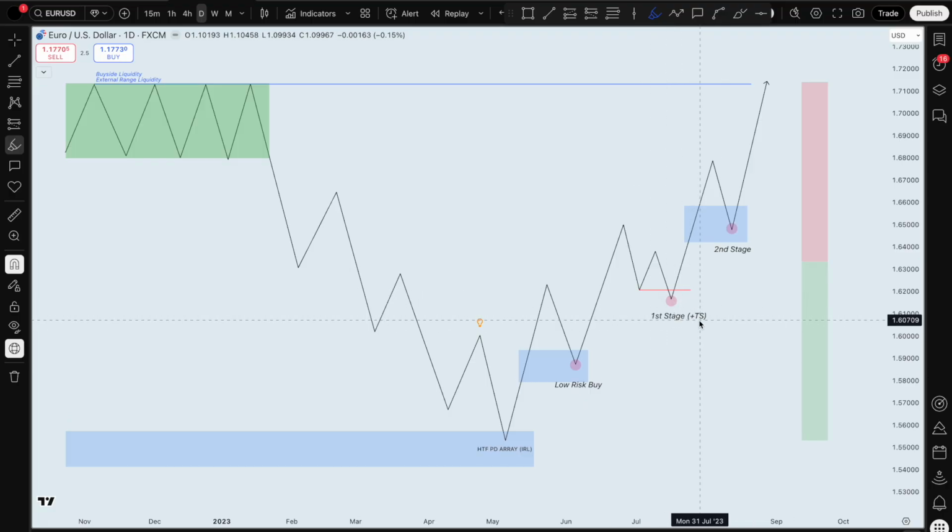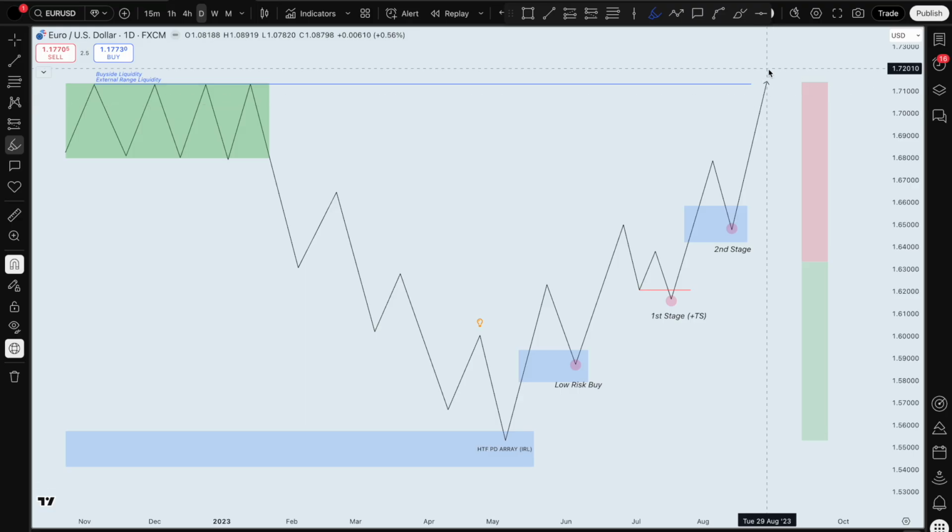That's why I wrote turtle soup here. This is your high resistance signature. Price will then displace up and create the second stage to then go towards the external range liquidity. So external, internal, and then external range liquidity.